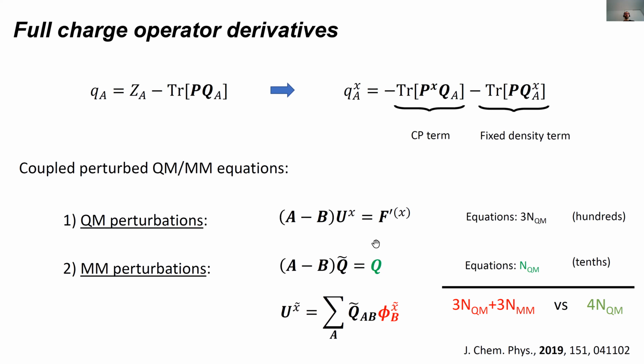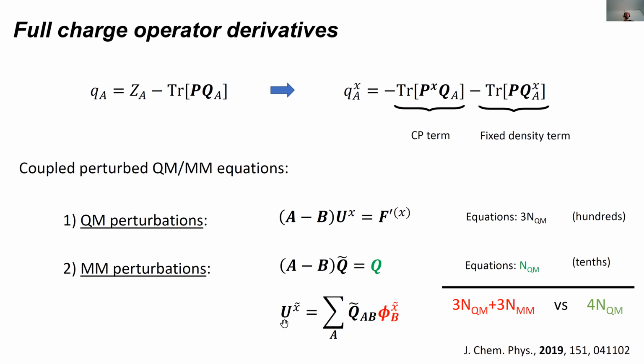So we solve an auxiliary coupled perturbed equation, in which we are using only the charge operator. So the number of these equations is just the number of QM atoms. And then we just contract the solution of this auxiliary coupled perturbed equation for the MM with the derivative of the external field with respect to the MM atoms.